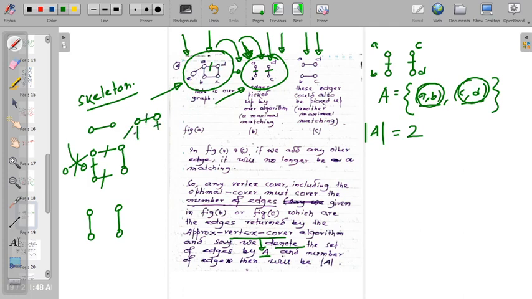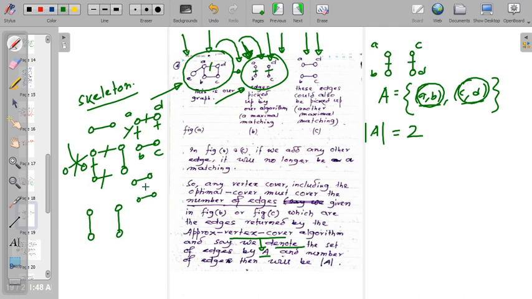So this edge, this edge, this edge, this edge are removed, and then BD, BC will be taken. So AD and BC, these two will also be a maximal matching.